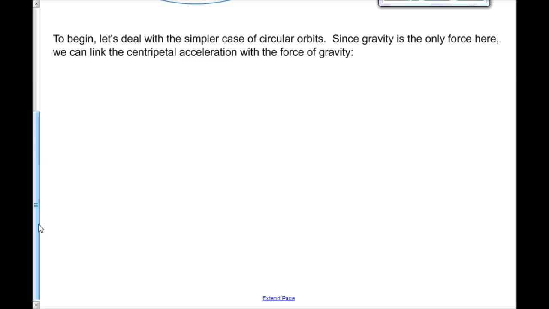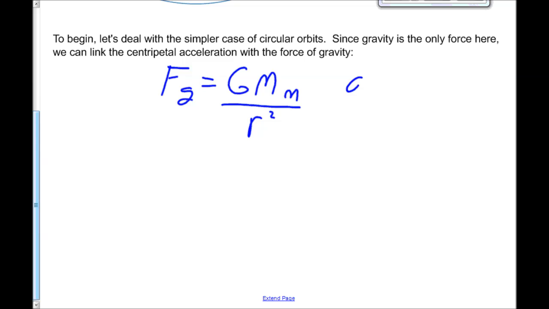So we'll start with what we know. The only force involved here is gravity, and our general form for gravity is this here. This is what we talked about the other day. But we also know that if an object is undergoing circular motion, the centripetal acceleration is given by this.